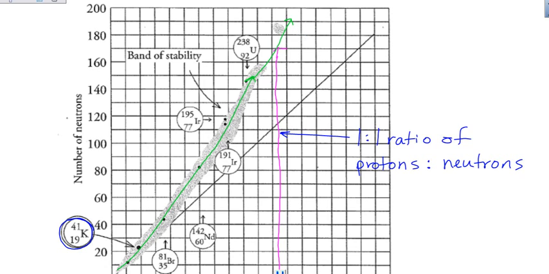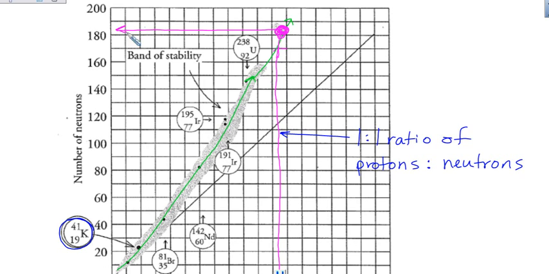If we keep following this up, and then what if we follow it over? Somewhere around 180 neutrons would be needed to make element 114 stable.